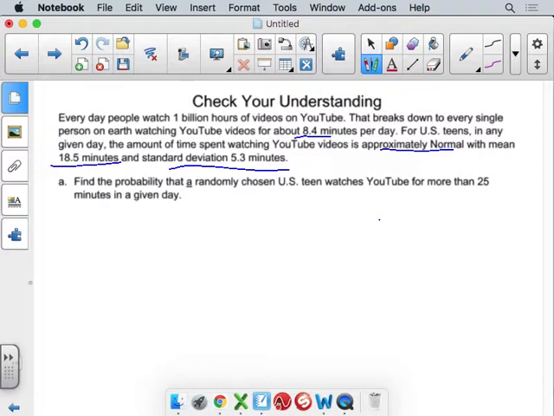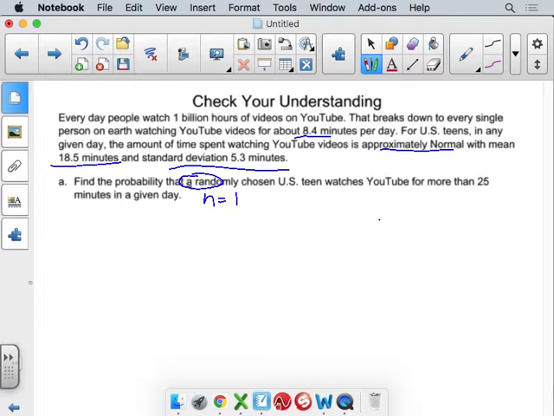In this case, this is actually one of those normal distribution problems we did before, because how much is a randomly chosen sample? That's a sample size of one kid. So we're just asking, if I did a sample size of 1, what's the chance that kid watches more than 25 minutes in a given day?